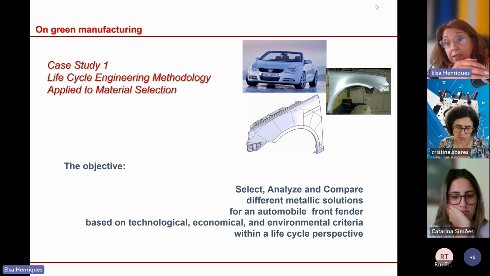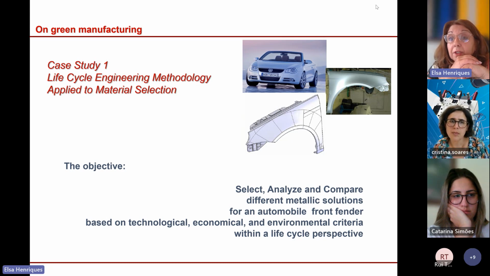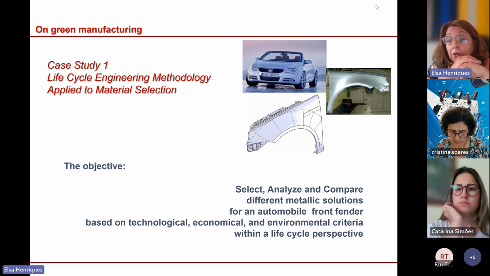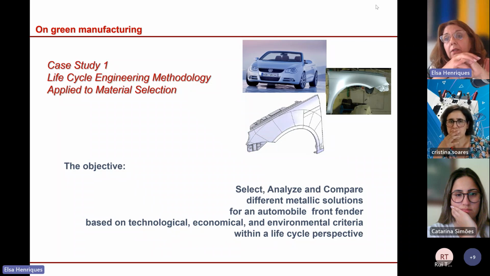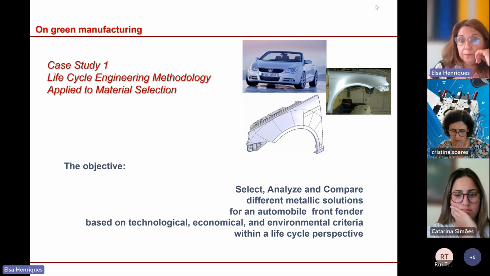This is a real case with a real product, and the objective was to select, analyze, and compare different metallic solutions for designing, producing, and using an automobile front fender based on technological, economical, and environmental criteria within a life cycle perspective, from the design to the dismantling, disassembling, and disposal.